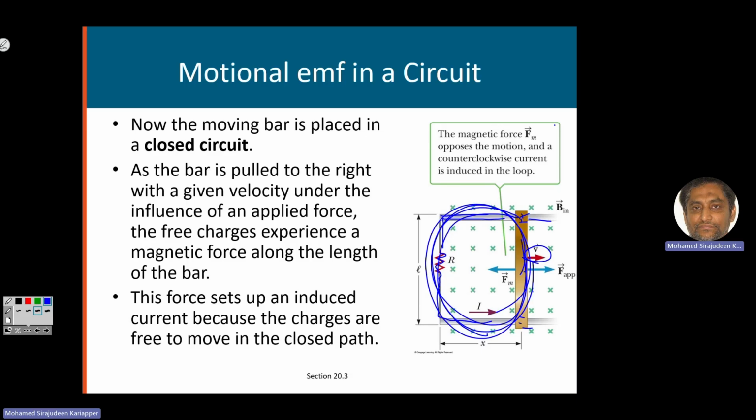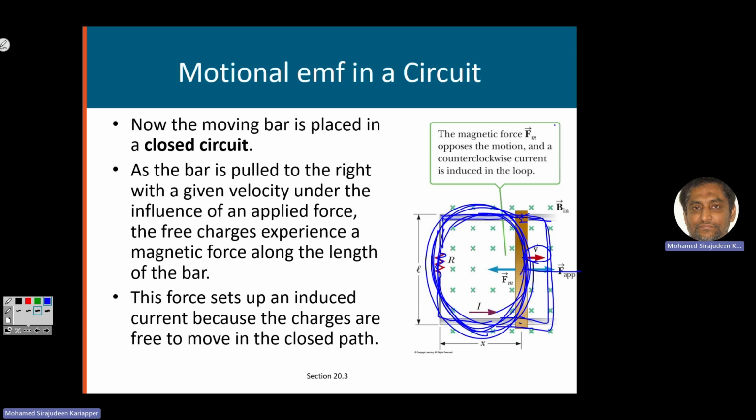You can think of it in a different way. This is the loop. When you move this, what is happening to the size of the loop? Now the size of the loop is this much. When you move it to the left, the size of the loop increases.